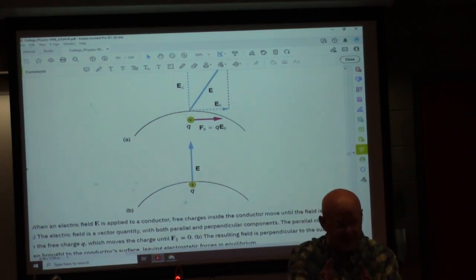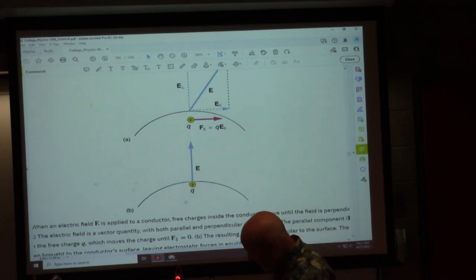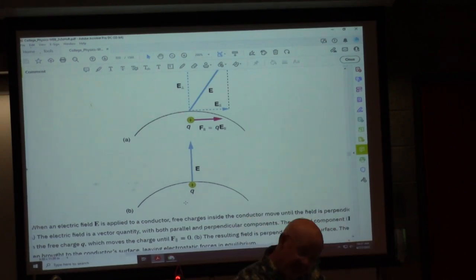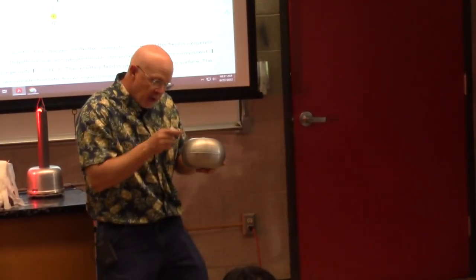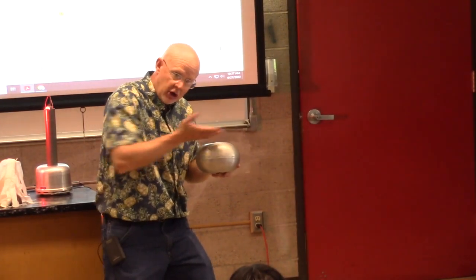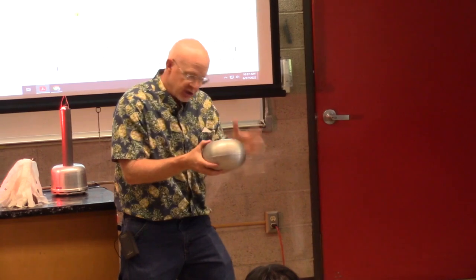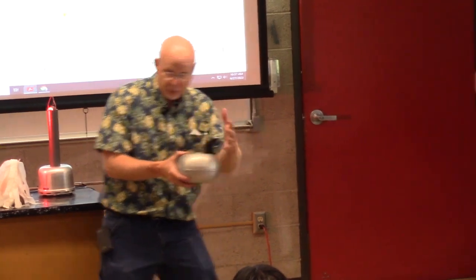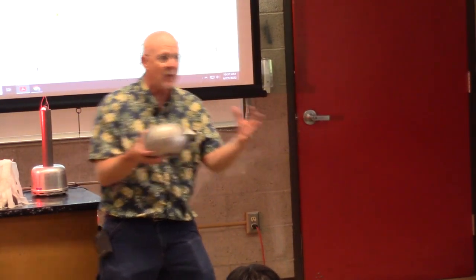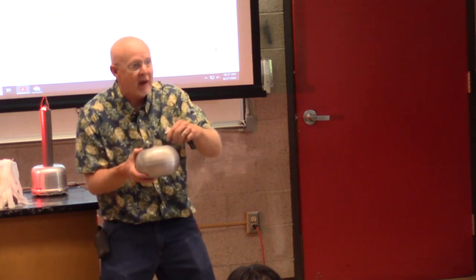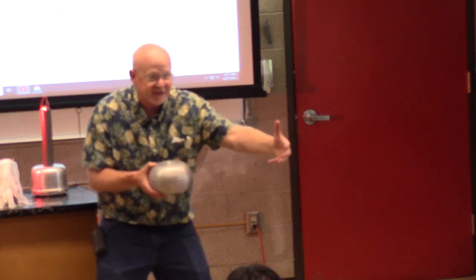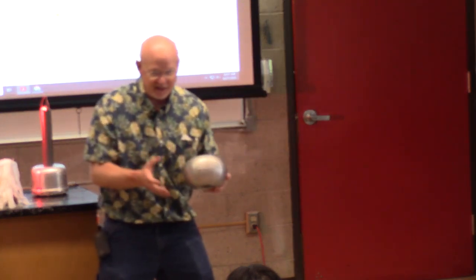Remember, conductors mean charges move. And so if you have a conductor and the field is at an angle, then that would make charges move along that surface. And the charges would keep shuffling around until they had no more sideways push. In other words, they would move around and change the overall field until it is perpendicular.